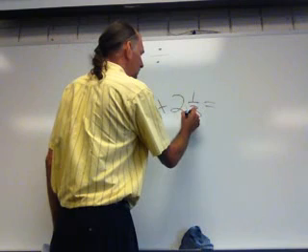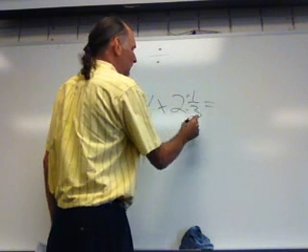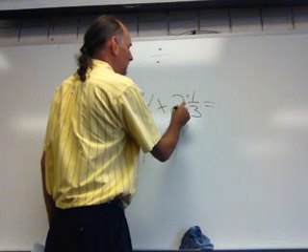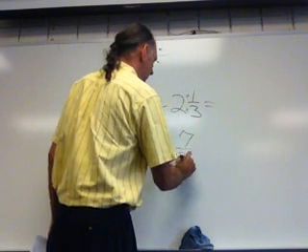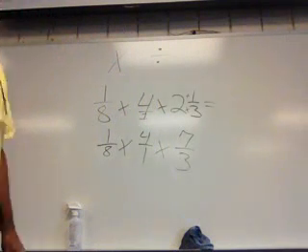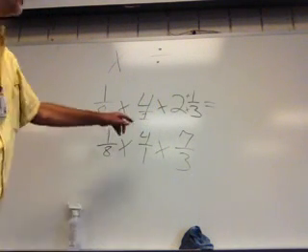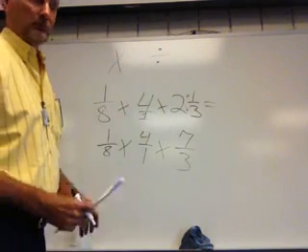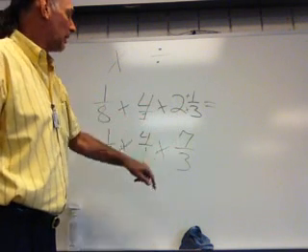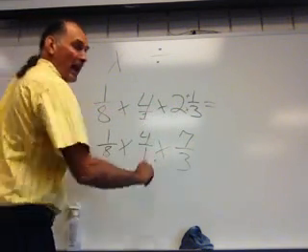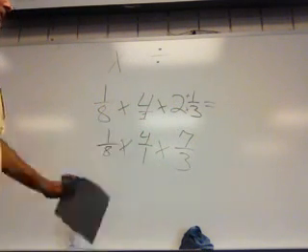Remember, multiply and plus. 3 times 2 is 6. 6 plus 1 is 7. So I turned this 4 into an improper fraction. I turned this mixed number into an improper fraction. Now I have all fractions, which is going to work great for me.